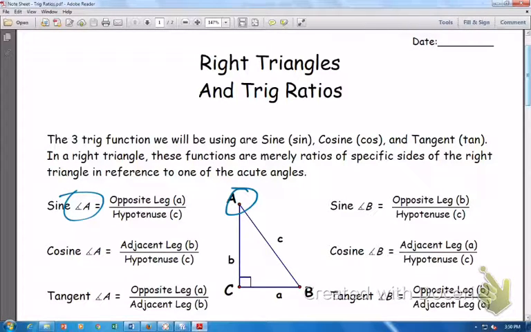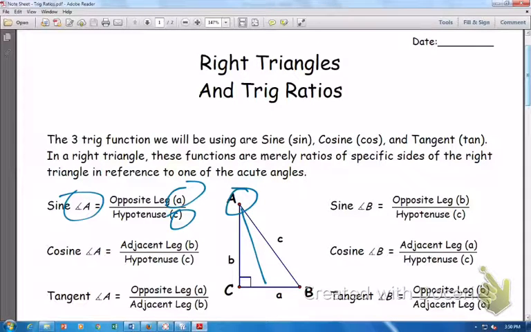The sine of angle A is simply a ratio. We take the length of the opposite leg and compare it to the length of the hypotenuse. So from angle A, the opposite side is a, the hypotenuse of course is c, and so the sine of angle A is simply a over c.